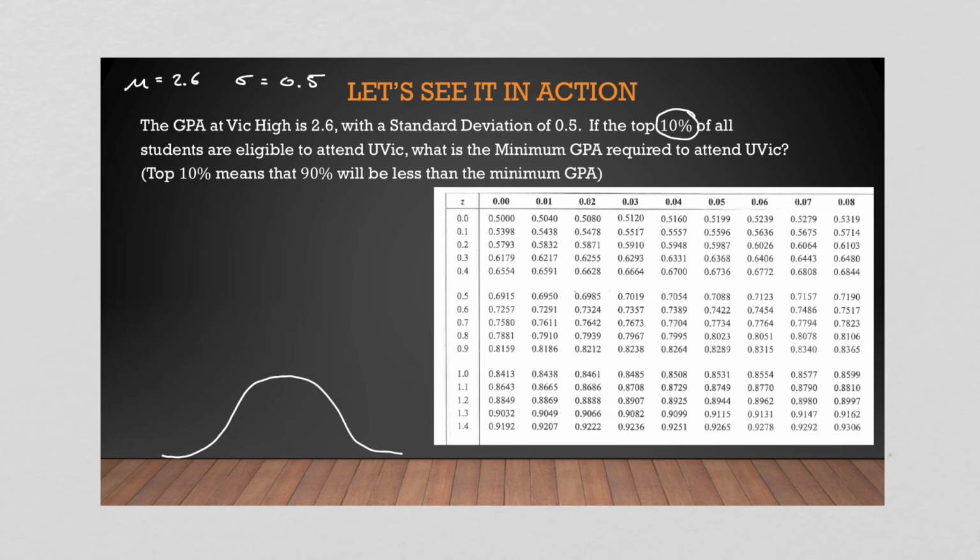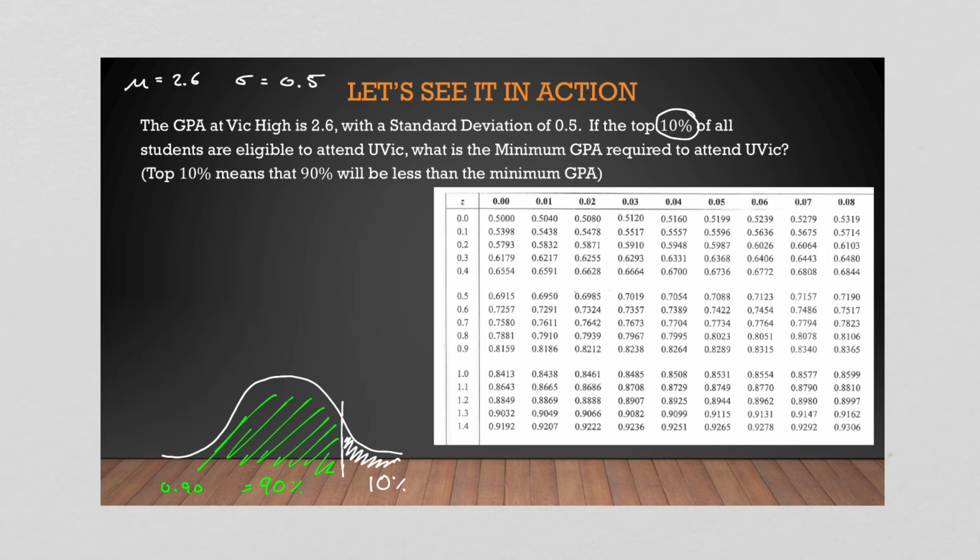So top 10% of students, we would say, okay, let's say here, that represents my top 10%. Well then my Z table is going to give me this chunk. So my Z table is going to give me 90%, and 90% is 0.90. So what is the minimum GPA required to attend the event?